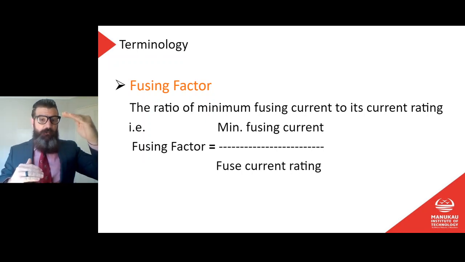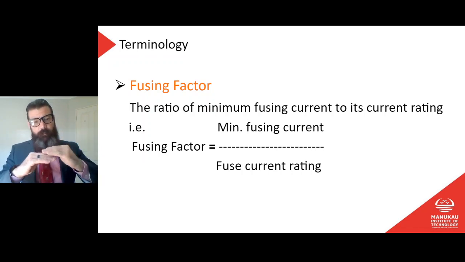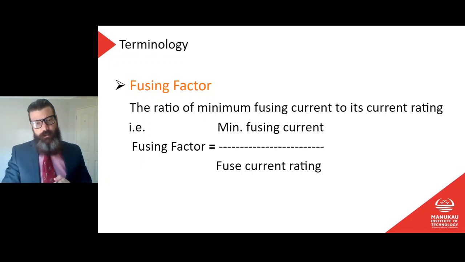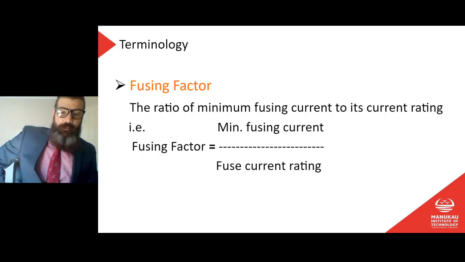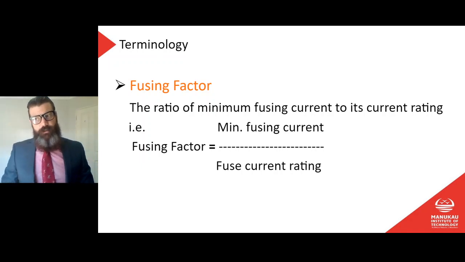So this is basically the minimum current that it'll trip at, divided by the maximum current that it'll trip at. So the smaller that figure, I mean, it can't be any smaller than 1, right? Because the minimum fusing current has to be less than the maximum fuse current, basically. So it couldn't be more than 1.